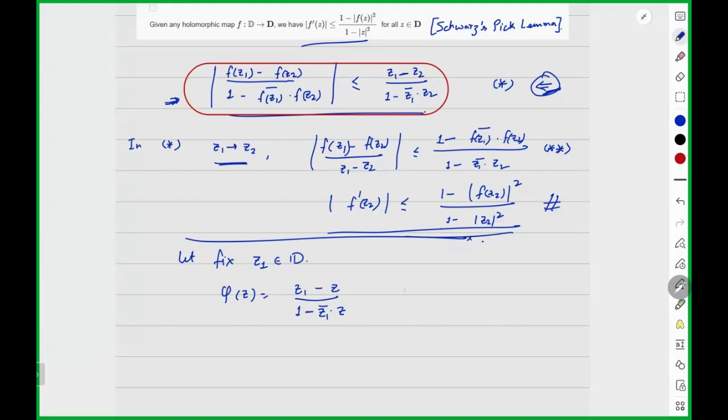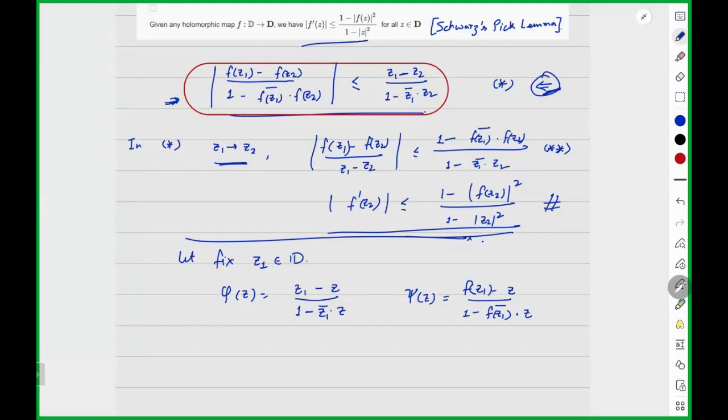And let's say another Mobius transformation like this, psi(z) is equal to f(z1) minus z by 1 minus f(z1) bar into z.